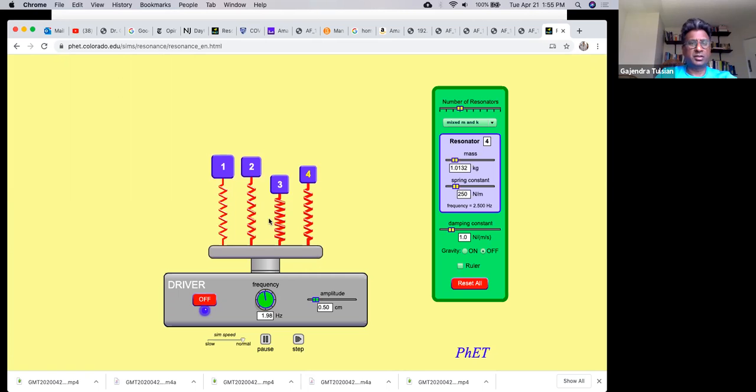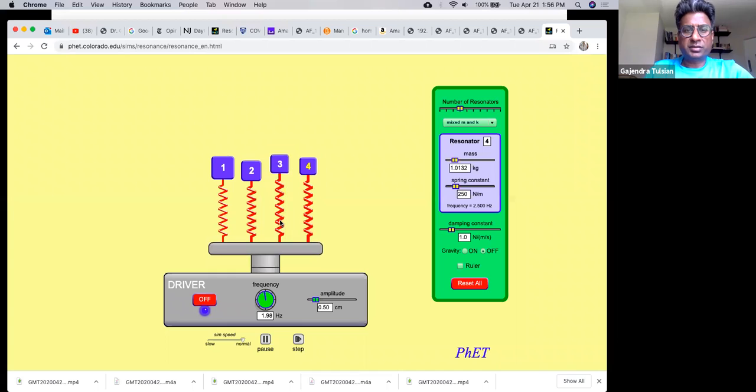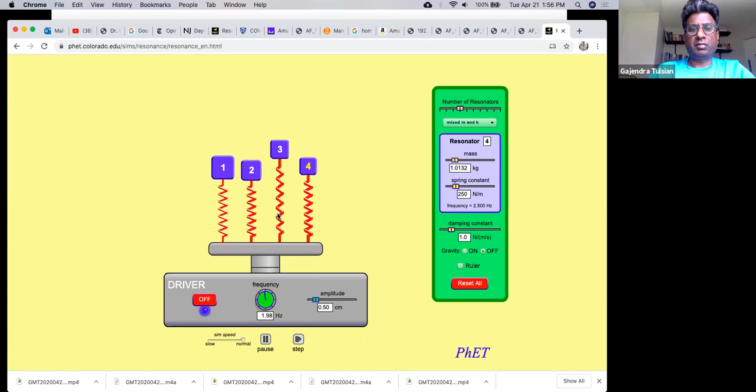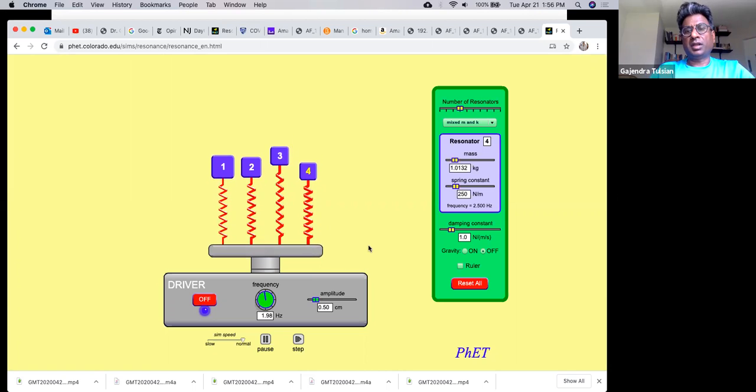And this is resonance, and you saw that in the Tacoma Narrows Bridge. When a driving frequency matches the natural frequency of one of the structures, disasters can happen. So you would want to build damping into the structure. The more damping there is, the smaller the oscillations will be.